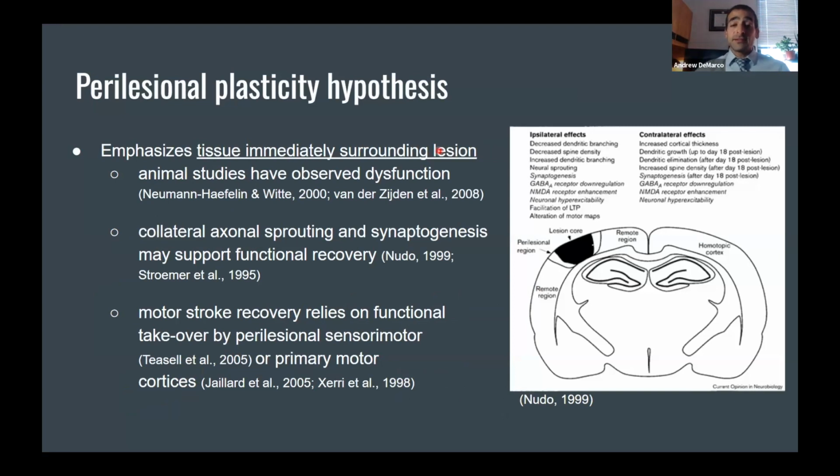Now, the perilesional plasticity hypothesis puts extra special weight and emphasis on the tissue immediately surrounding the anatomical lesion that comes from the stroke.